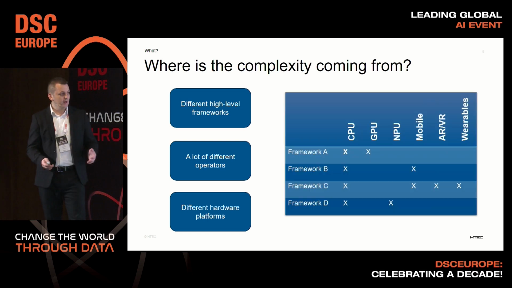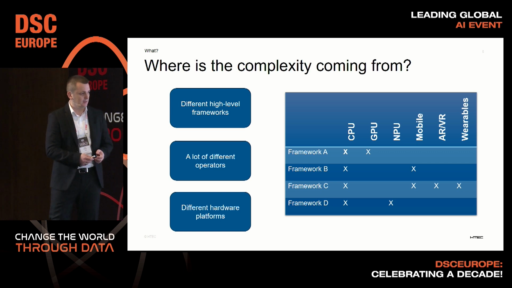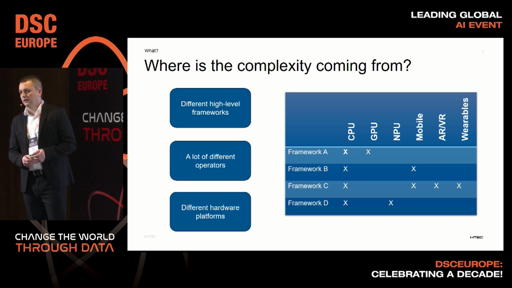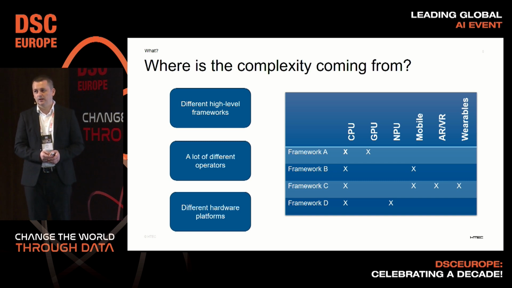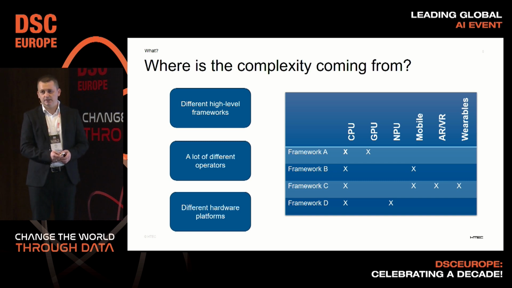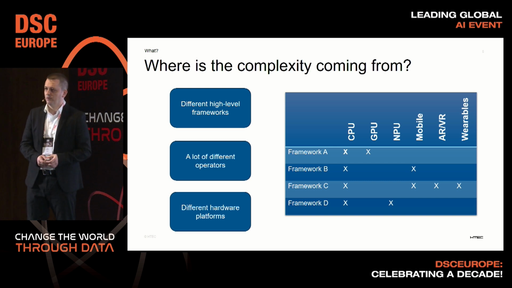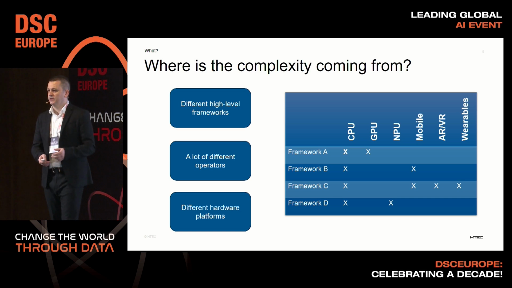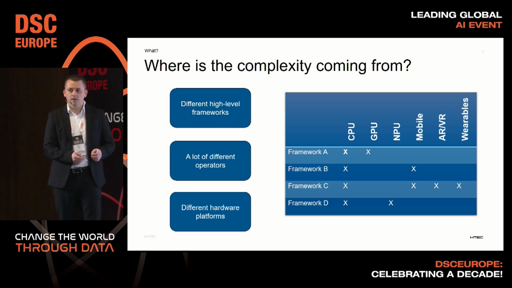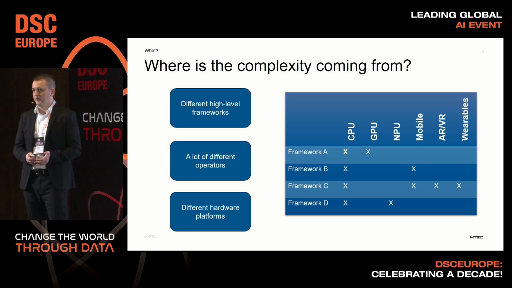And if we combine all of these factors, we can have a matrix like is shown on the right side. We can have multiple frameworks with full support; in most cases, all of those frameworks will work on CPU. On GPU, you can have partially supported operators or not, or you may not even have support for different frameworks.